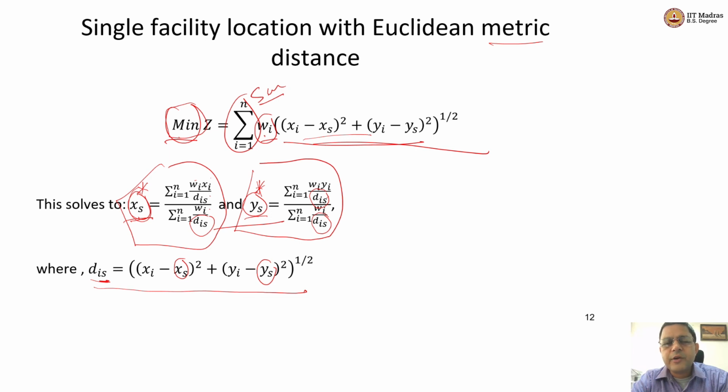What if I want to maximize my profits? That can also be done. So we have not looked at different objectives, but we have looked at different measures of distances.